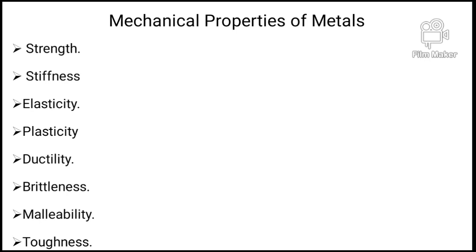Creep means the material undergoes slow and permanent deformation when subjected to constant stress at high temperature. Fatigue, failure of material due to cyclic loading. Final one is hardness, resistance to indentation and scratch.